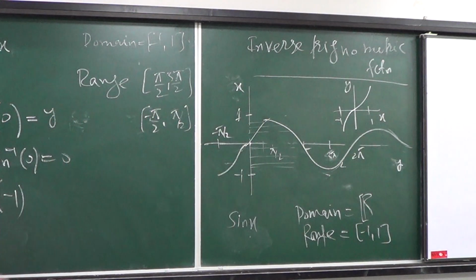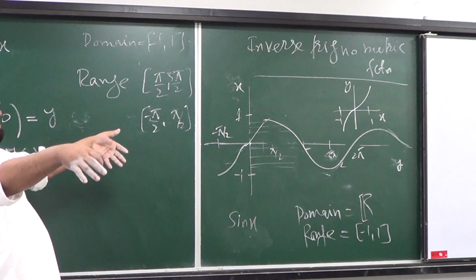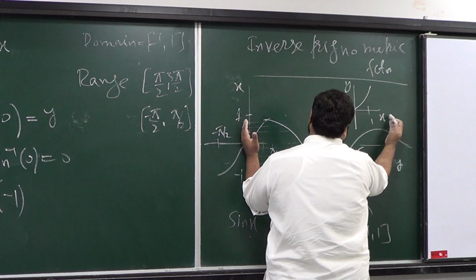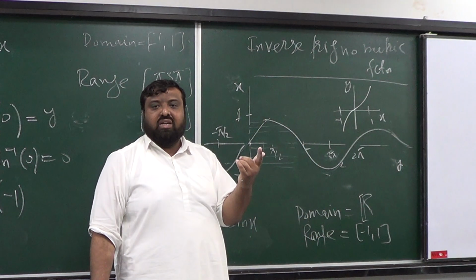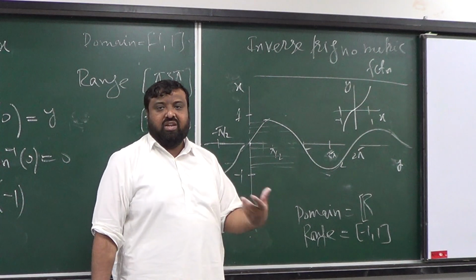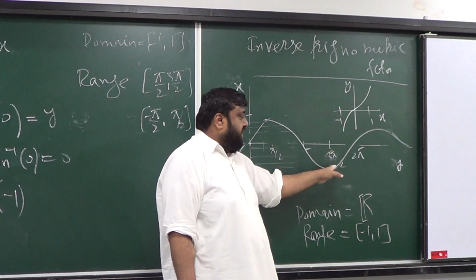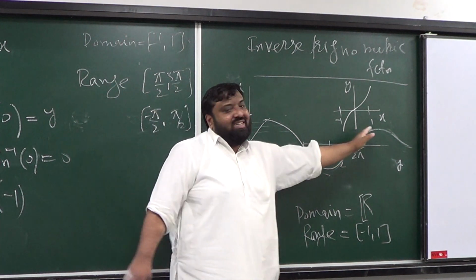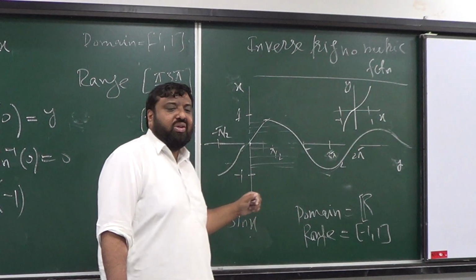So you always have to look at what part of the graph you are considering. Imagine if you are only considering this part of the graph, then there is only one choice where the sine function will give you -1, for example, 3 pi by 2. But if you are considering the entire sine curve, you can draw it on, for example, Desmos, and have a look.